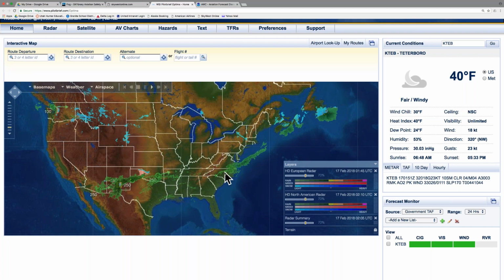We can look at every single aircraft in the sky at any given point in time. But the basic overlay is this kind of picture of the country, and we can see these radar signatures, see the cloud tops, and the areas of concern.